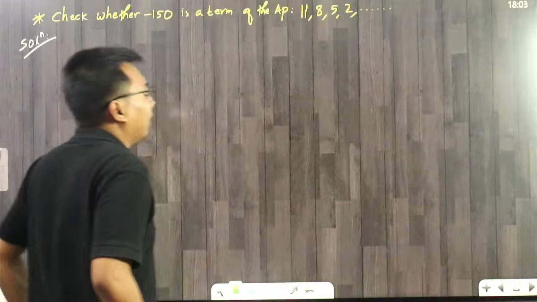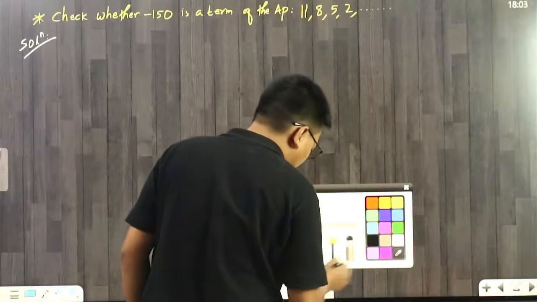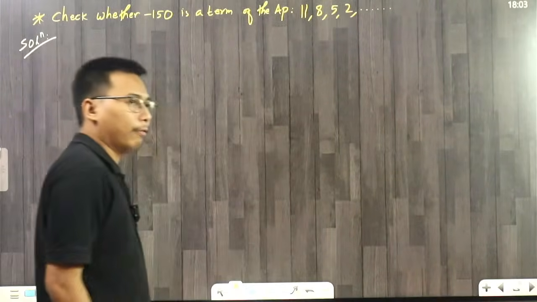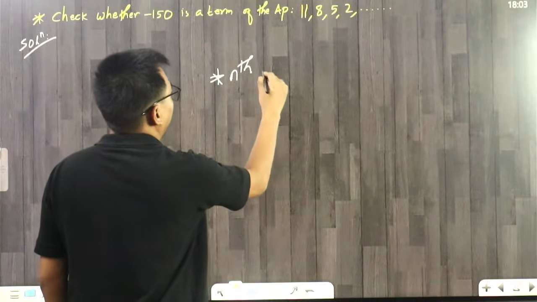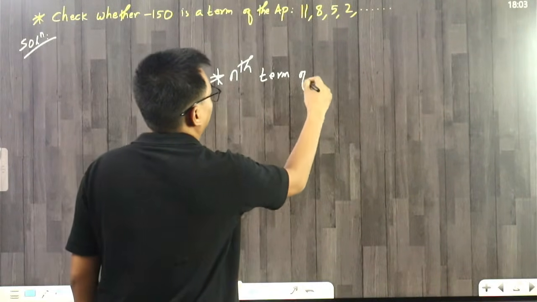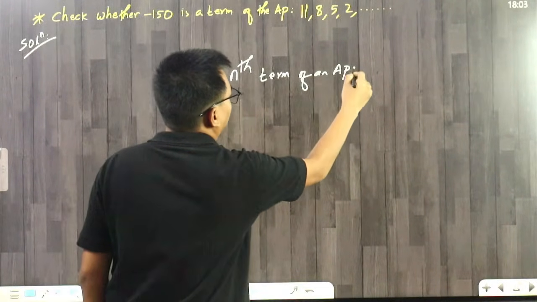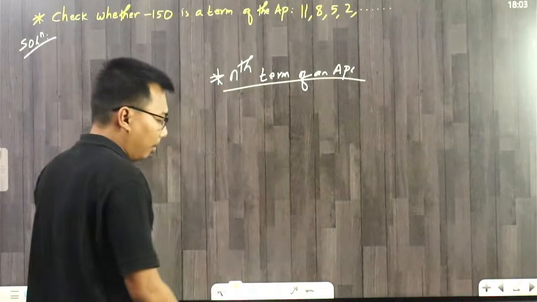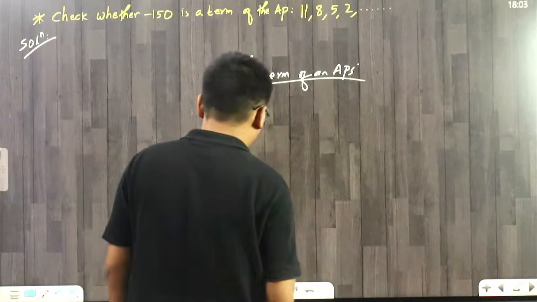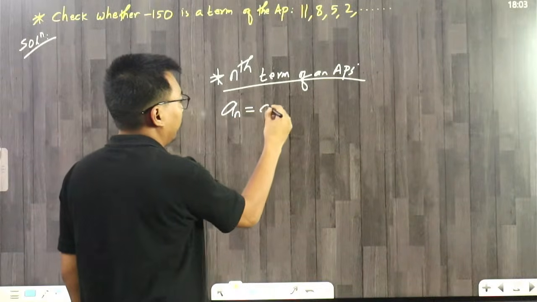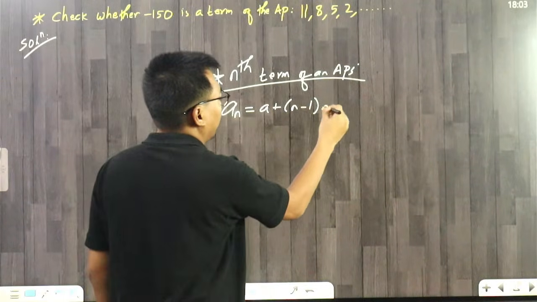Before starting, during our first session this afternoon, we learned about the nth term, how to find the nth term of an arithmetic progression. An is equal to a plus n minus 1 into d.